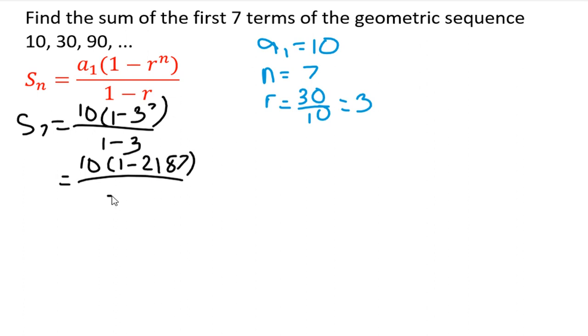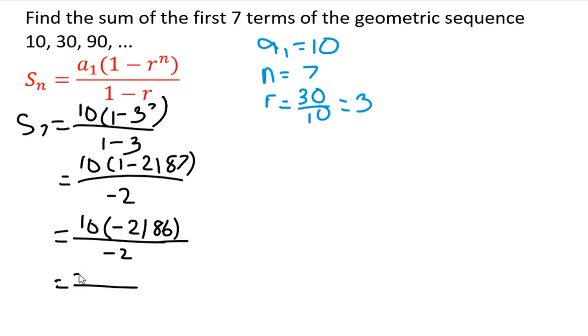Over 1 minus 3 is negative 2. Okay, so 10 times 1 minus 287 is negative 2,186 over negative 2. And 10 times negative 2,186 is negative 21,860 over negative 2.